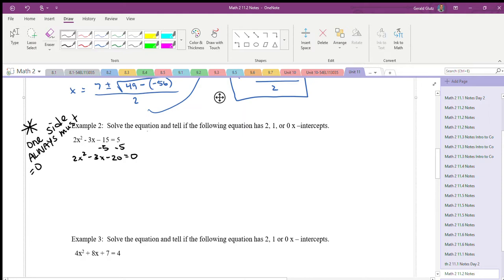So now I can go ahead and label my a. So a is 2, b is negative 3, and c is negative 20.